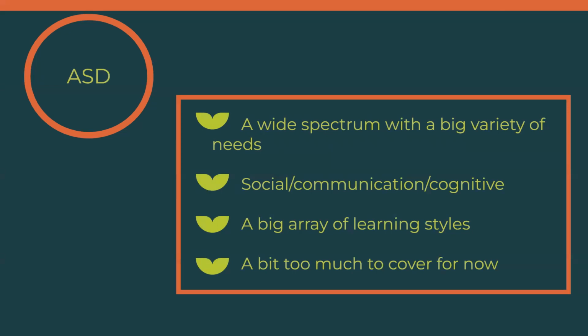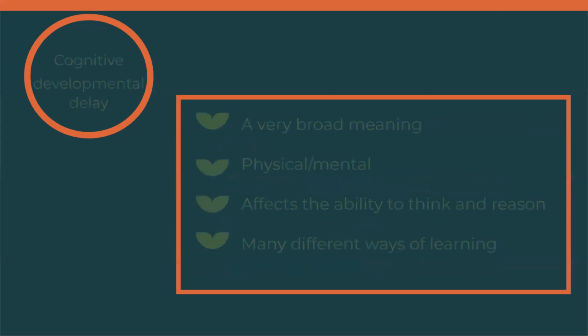If they have communication problems, then you need to cater for that and make sure the lesson isn't talk-based. And the same with social and cognitive, you need to cater the sessions to those. There's a big array of learning styles, so each child with ASD can learn differently. And like I said, there's a bit too much to cover now, so we'll talk more in future sessions.